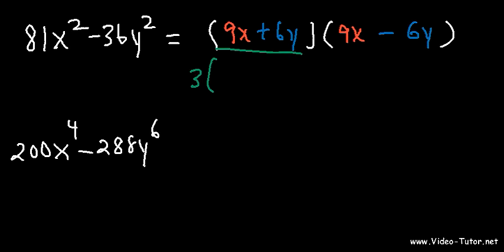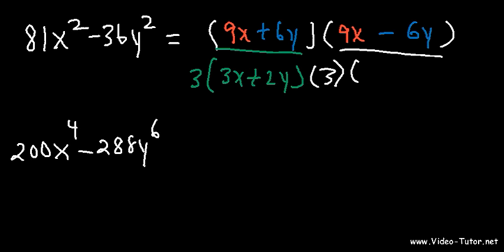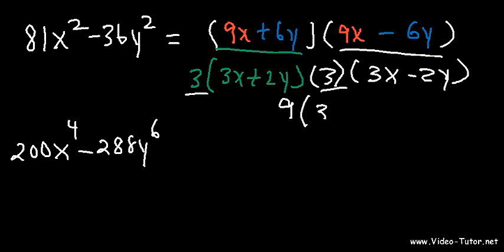If we do so, it's going to be 3x plus 2y. And we could take out a 3 from here as well, and it's going to be 3x minus 2y. So we could multiply by these two numbers. So we have 9 times 3x plus 2y and 3x minus 2y.